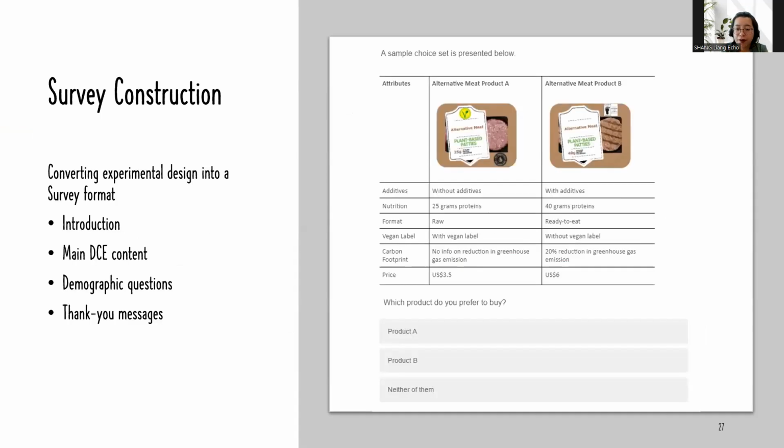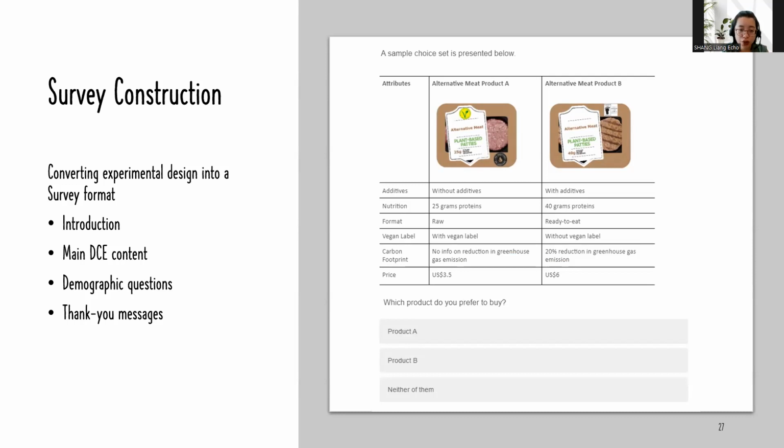After we have our experimental design, the next thing we need to do is convert our experimental design into a survey format. So we need to construct a survey in order to facilitate our data collection process. Usually when we prepare the questionnaire, there are several important components that we should include. The first is an introduction. You should briefly tell your respondents what your research questions are and what you expect them to do in this questionnaire.